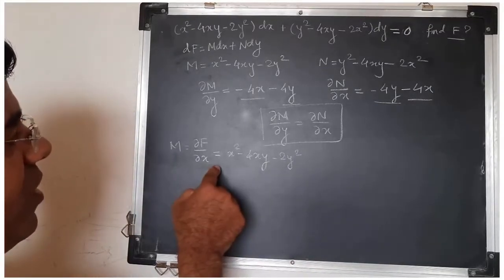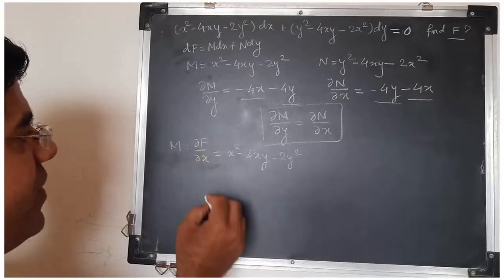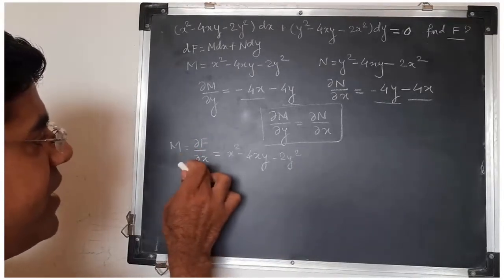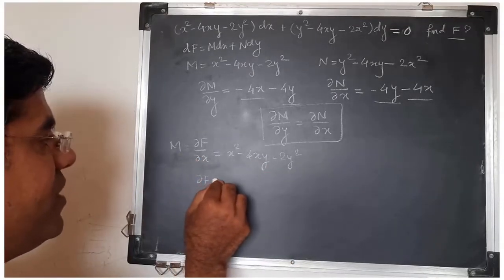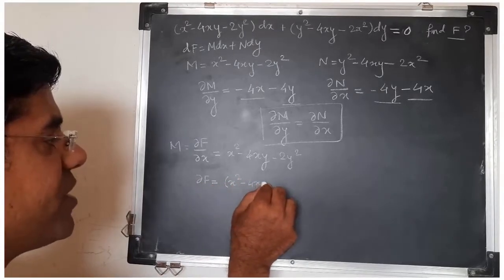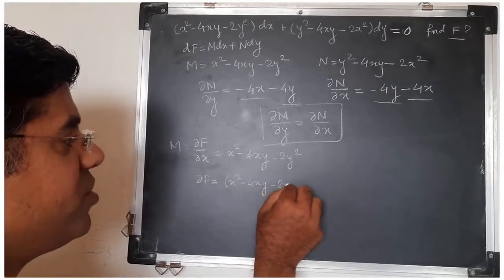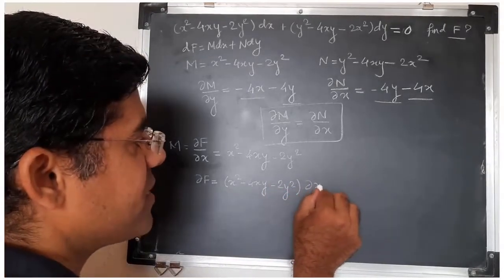Now my aim is to find this particular function. How can we find it? We take this partial f equal to (x squared minus 4xy minus 2y squared) into partial x.